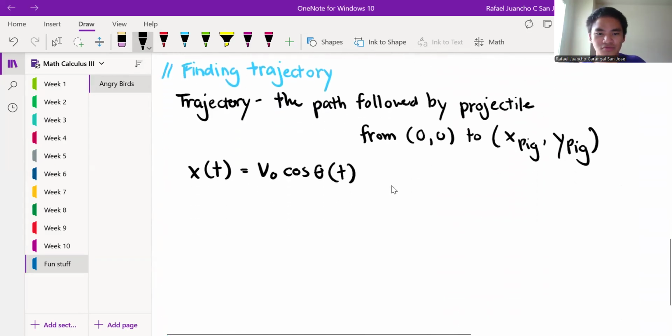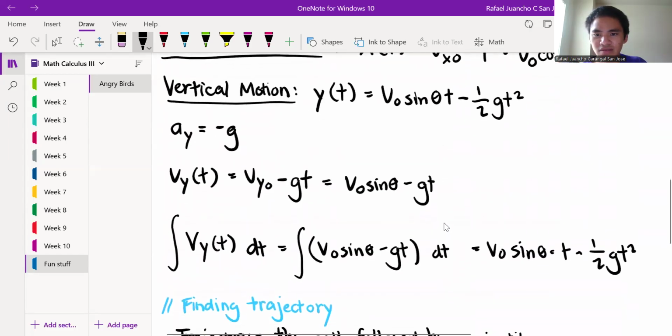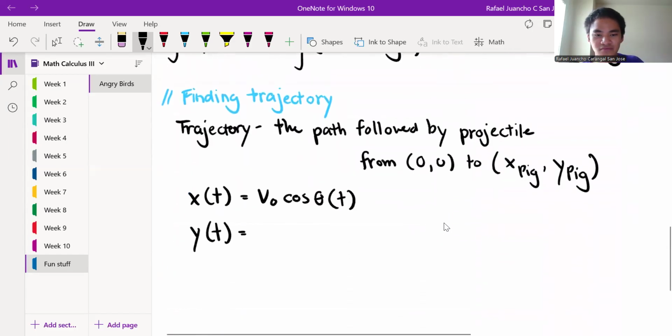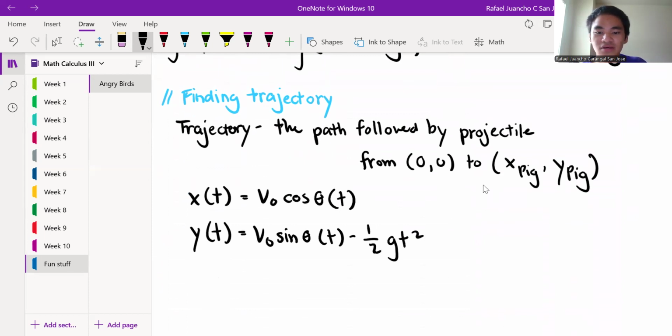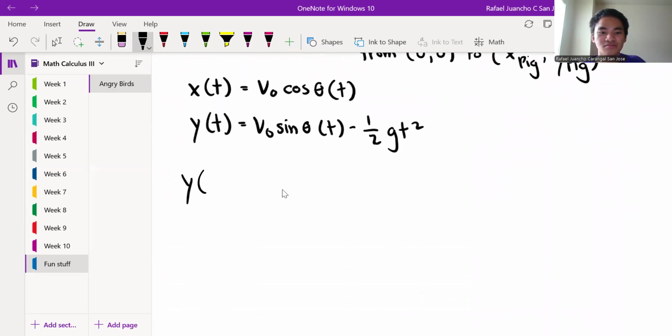And we also know y of t, which is v naught sine theta t minus 1/2 gravity times t squared. Now, if we want y of x, then we want to eliminate this t.